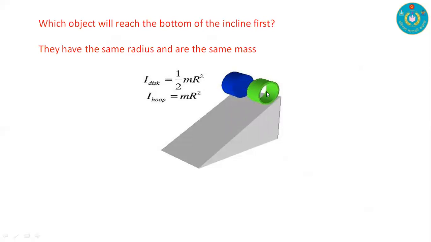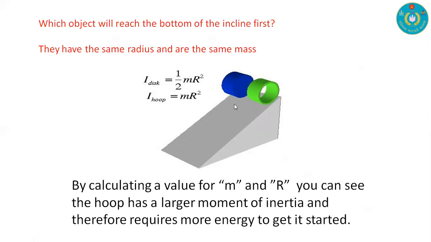For the disk, we have the moment of inertia as half mr square. For the hoop, we have the equation mr square. By calculating the values of m and r, one can see the hoop has a larger moment of inertia and therefore requires more energy to get it started.